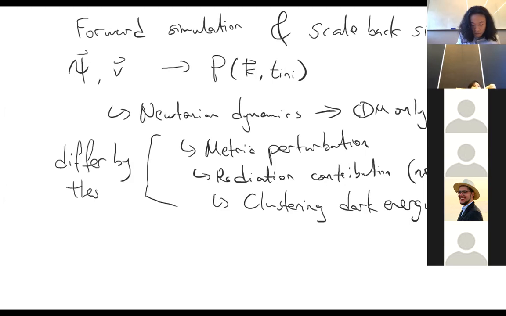Or maybe a simpler way of saying is that the linear perturbation theory is fully general relativity compatible. Yeah, exactly. So it's a full GR description, but the simulation is not. It's just a simplified Newtonian simulation. So these two different simulation methods, forward and scale back, are two different ways of tackling this problem of how to bridge the gap between linear GR theory and the Newtonian simulation that we have.